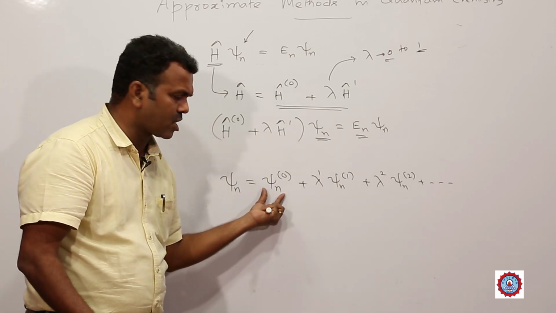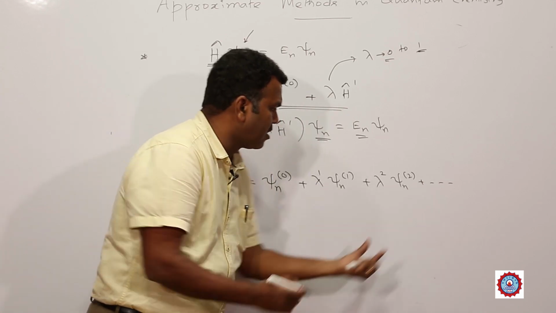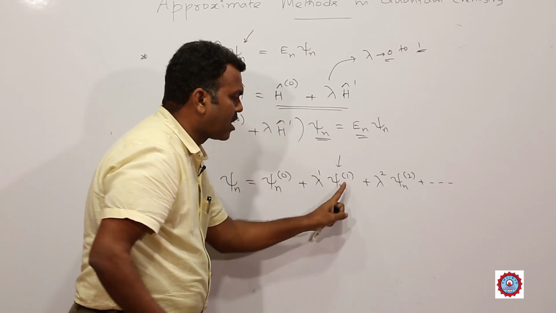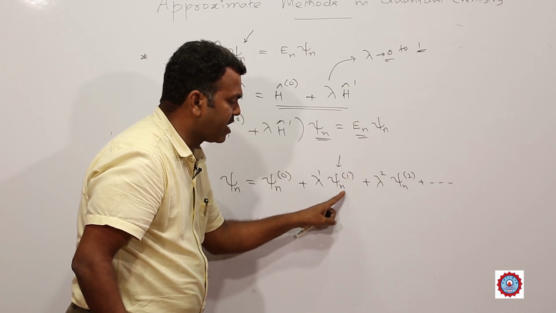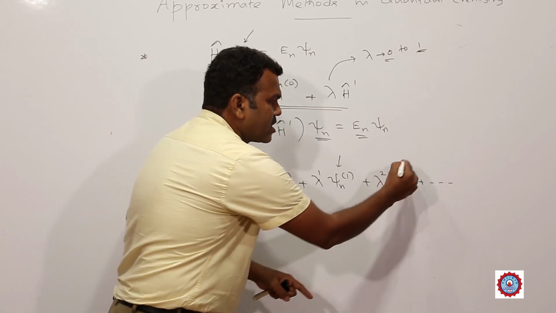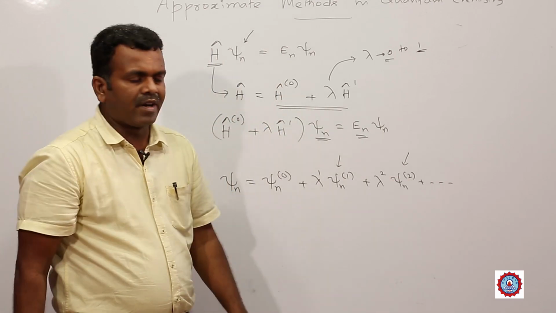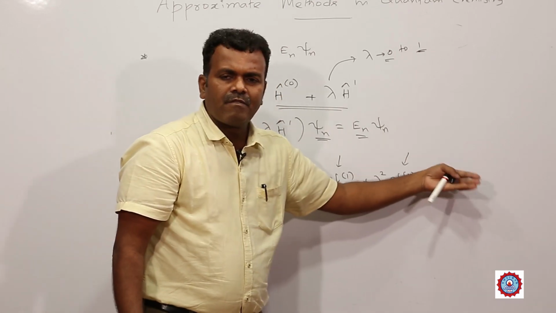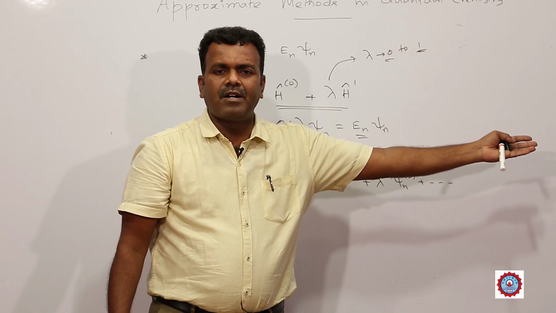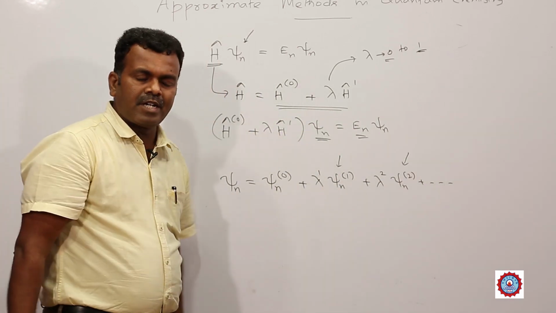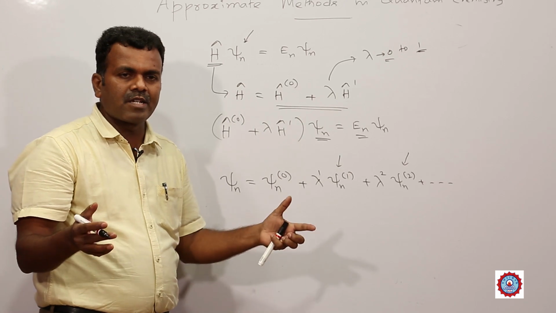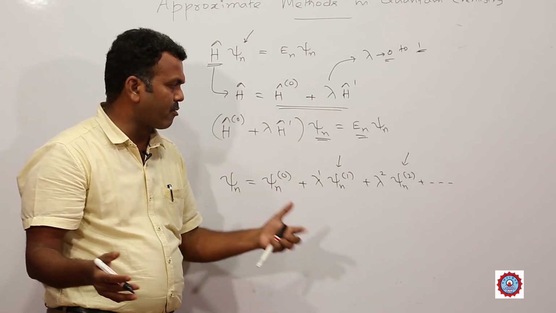This is actually the known system and these are all correction terms. This one is called the first order correction to the wave function of the nth state, and this is called the second order correction to the wave function of the nth state. Like this we can have many orders of correction terms. It depends on what accuracy of result you require.